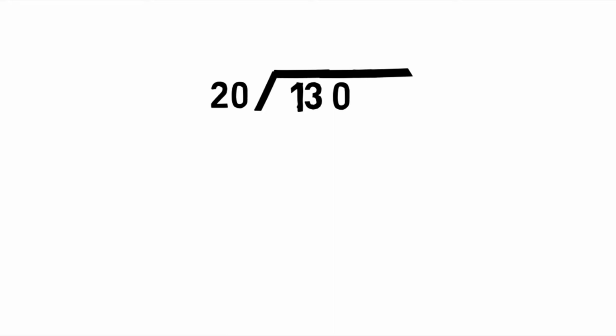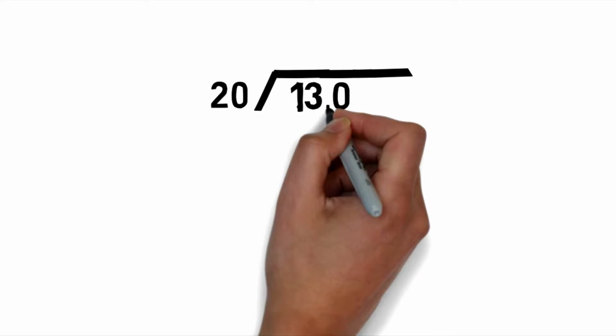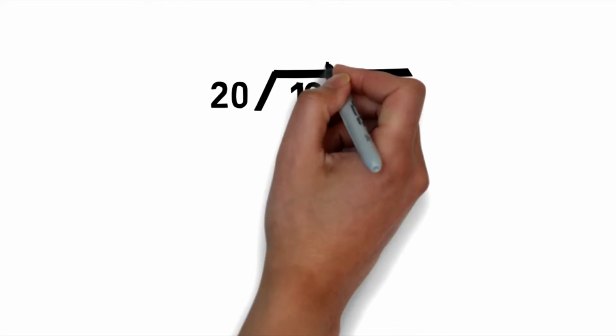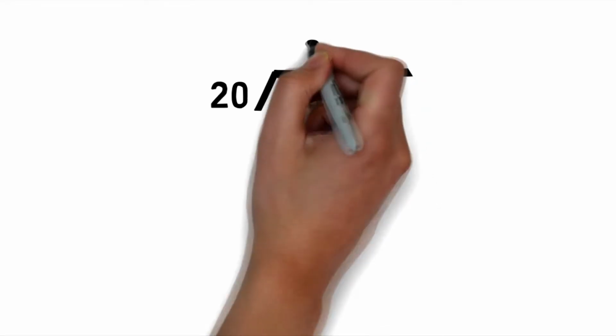But before annexing the 0, we need to put the decimal point right after 13. And that's the time we annex 0 to the dividend. So the dividend now becomes 130. Notice that there is a decimal in the dividend, so we copy this decimal to the quotient's place.